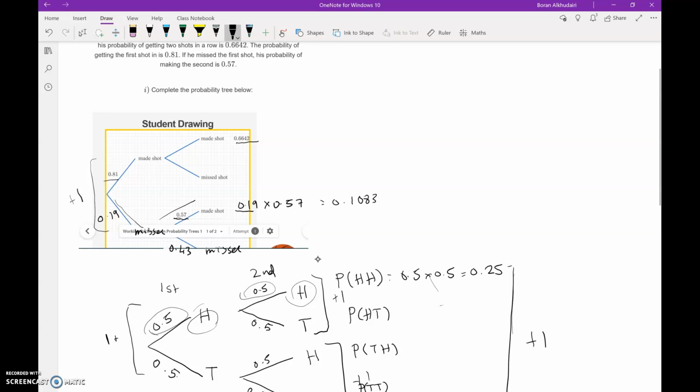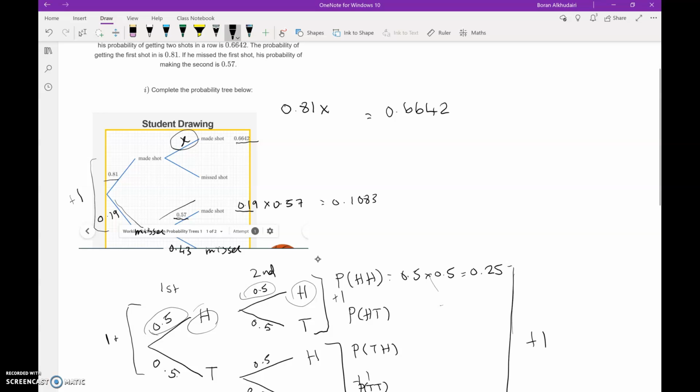The trickier part, I guess, is finding this one. But we have enough information, and we can find it using a bit of algebra. What you're doing is working backwards. We know the probability of making the first shot and making the second shot is 0.6642. So we know that 0.81 times whatever this is equals 0.6642.